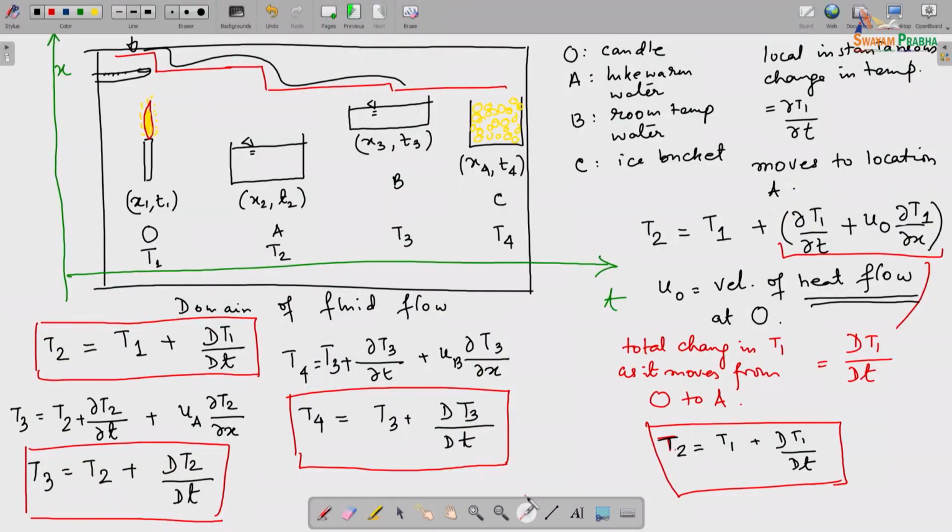It is not getting violated. What is happening is, as I move from location O to location A to B to C, there is a heat flow, there is a fluid flow, because of which that heat is getting transferred. I think that is the key word, heat is getting transferred.